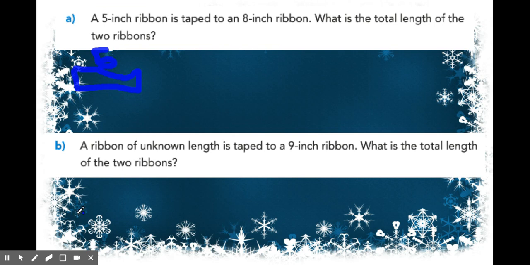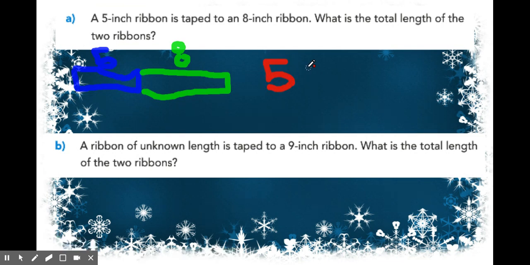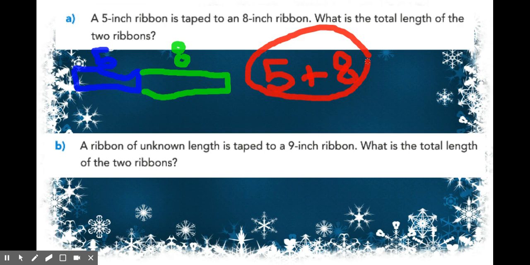Here is a 5-inch ribbon, and I am taping an 8-inch ribbon to that. To find the total length of these two ribbons, how would I do that? Well, I would take 5 and I would add 8 to that. This is my expression for the first example.